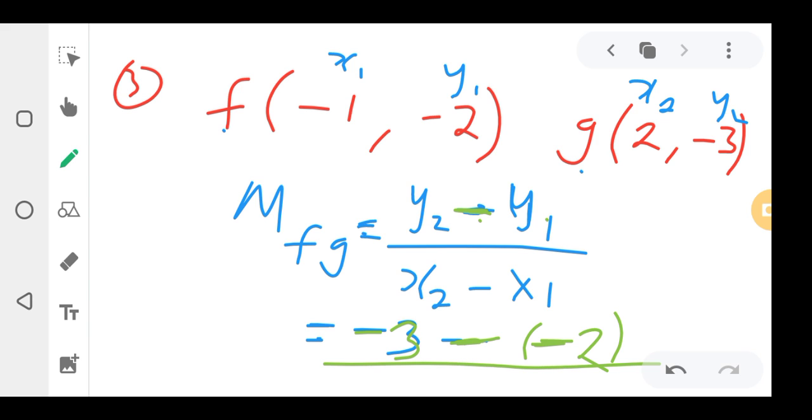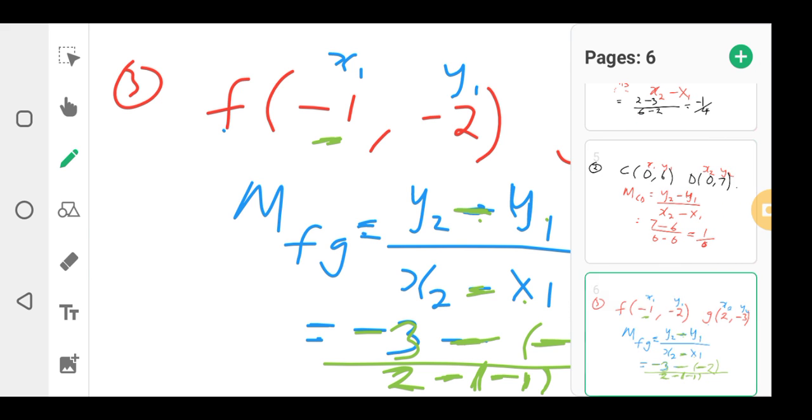What is x2? x2 is 2. So you say 2 minus. This minus here comes down here. What about x1? x1 is negative 1. So you put negative 1. You see there is another negative, so there are two negatives, and you separate them with a bracket like this. So what do you have?